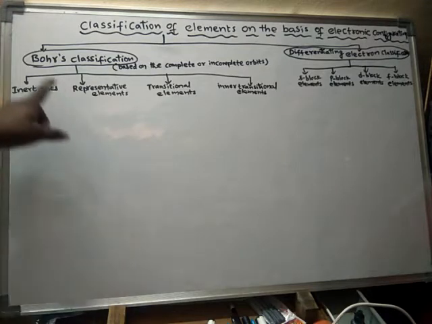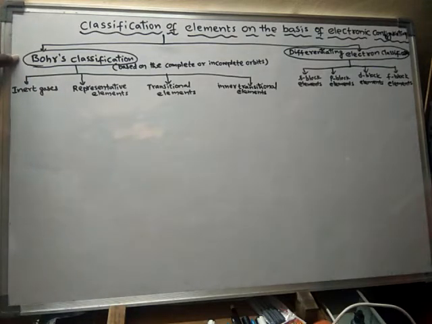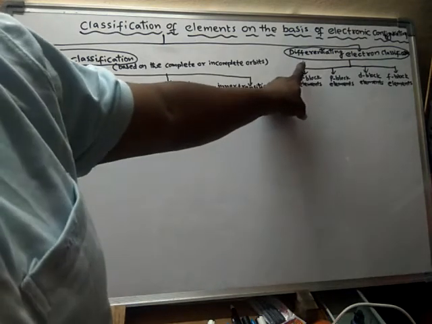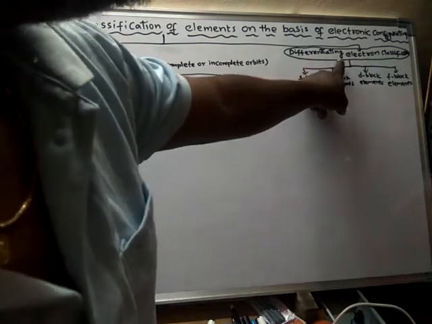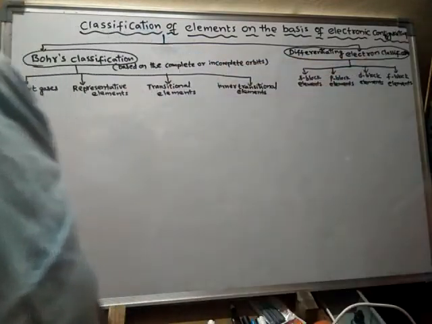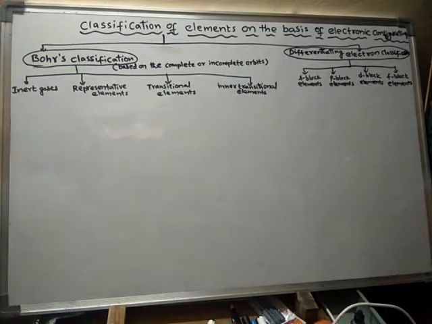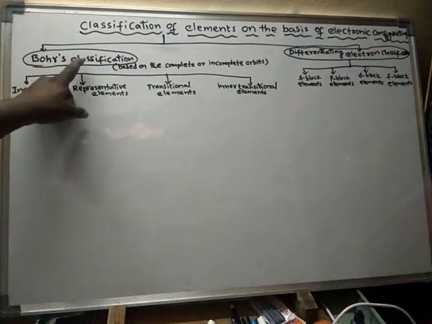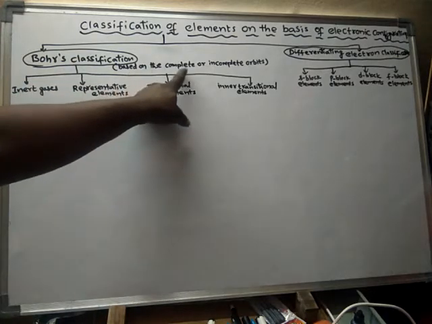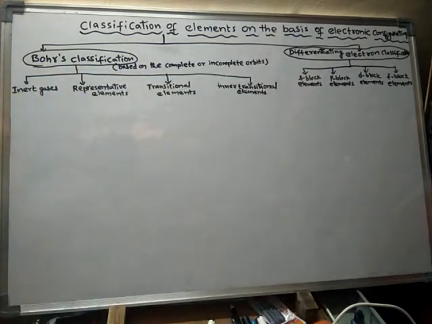One type of classification is called Bohr's classification, and another type is called differentiating electron classification. Bohr's classification is based on complete or incomplete orbits, and if incomplete, how many incomplete orbits, and all those things.